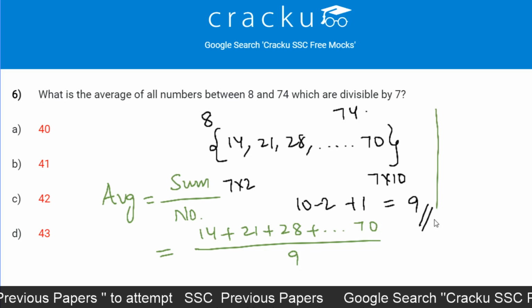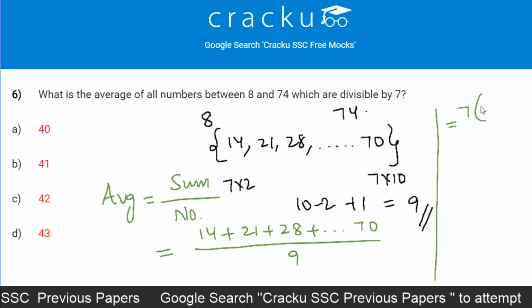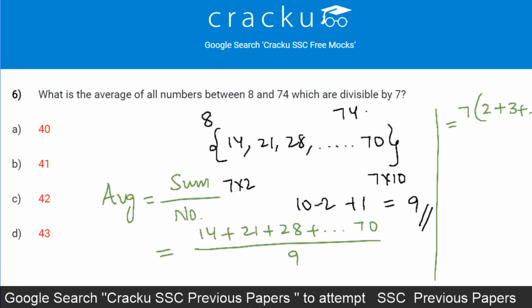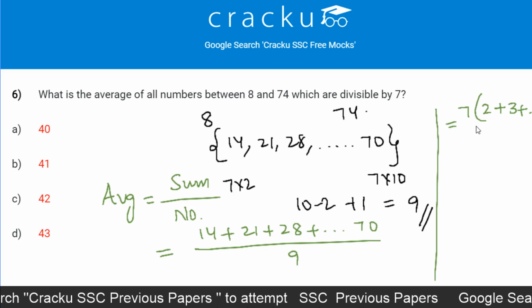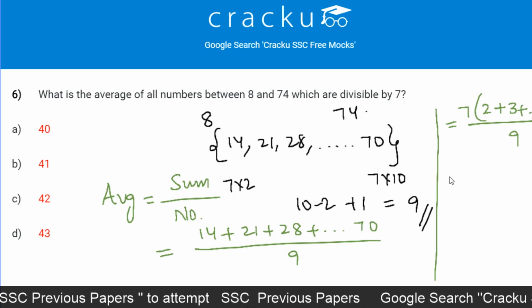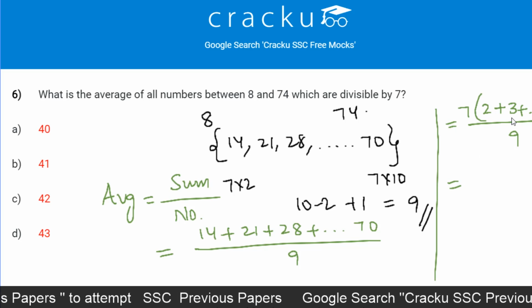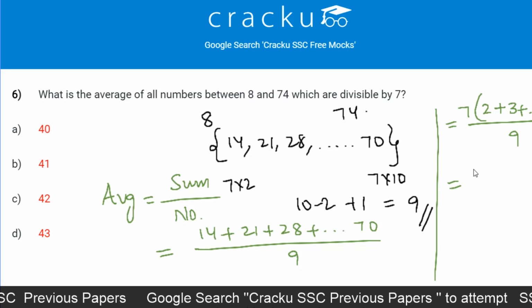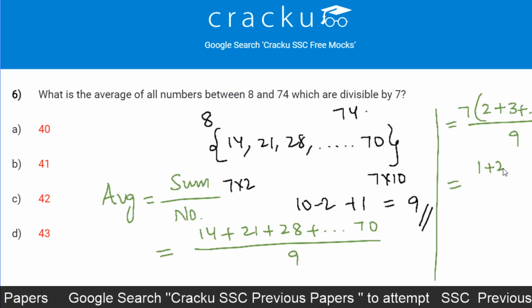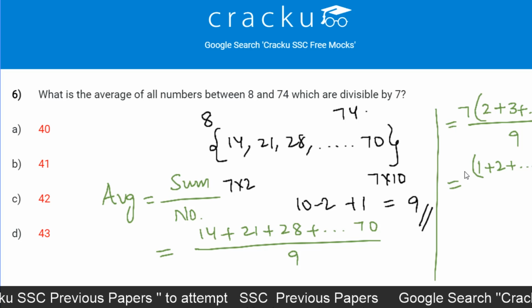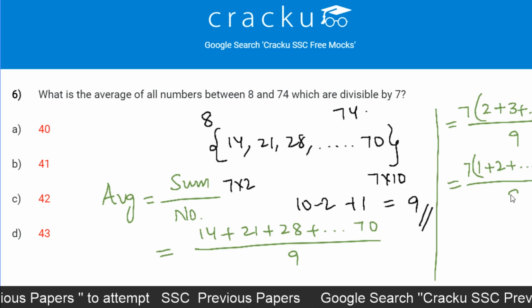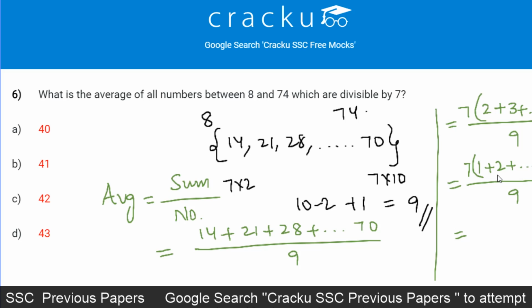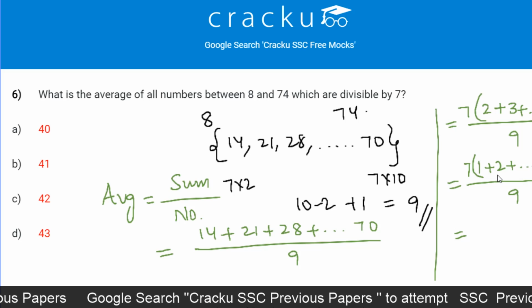This can be simplified as, if you take 7 as common, it's going to be 7 of 2 plus 3 plus and so on till 10, divided by 9. 2 plus 3 plus and so on plus 10. If you see, all these numbers are consecutive, so add 1 to this and subtract 1. So 7 times of this by 9. We know the formula for sum of n consecutive integers is n into n plus 1 by 2.